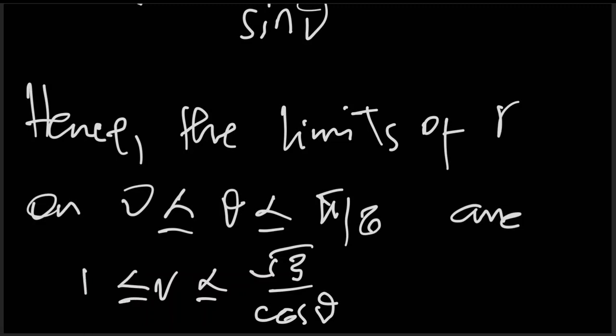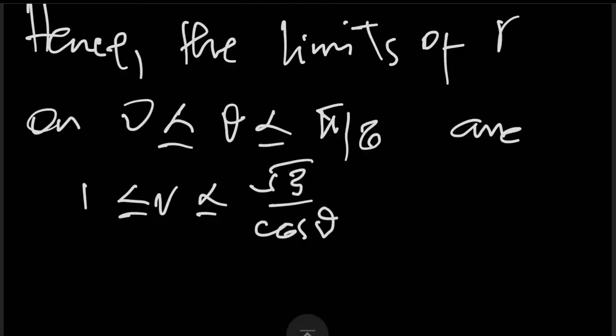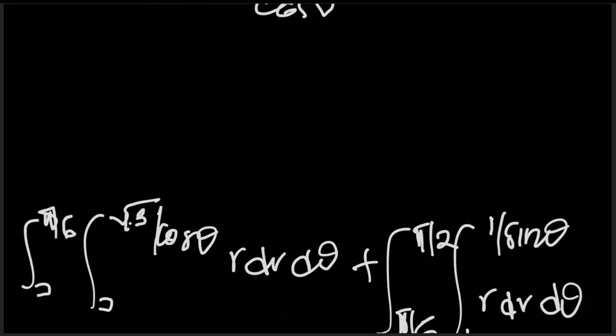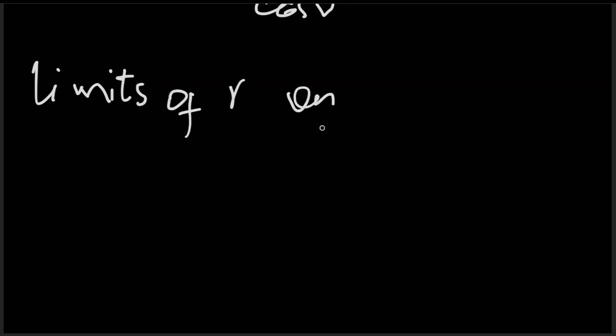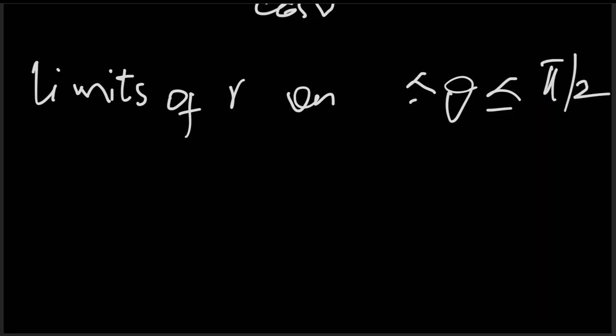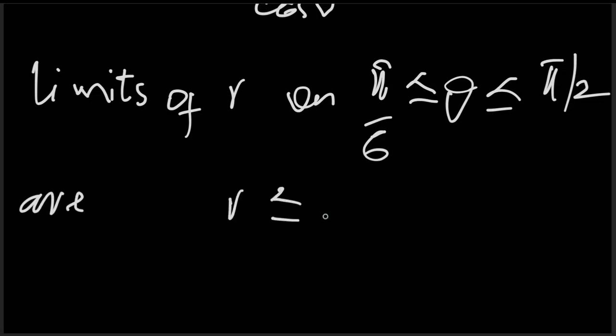Then we do the same: the limit of theta is less than or equal to pi over 2 but greater than or equal to pi over 6, and r is less than or equal to 1 over sin theta but greater than or equal to 1. So these are the limits for the integral.